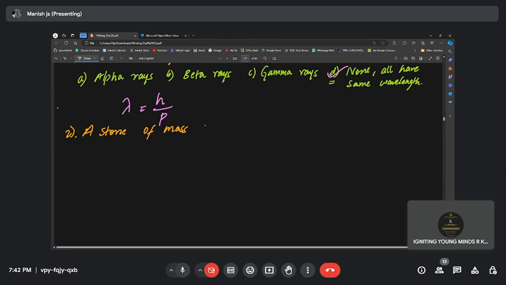A stone of mass 0.3 kilograms is attached to a 1.5 meter long string, and it is whirled.